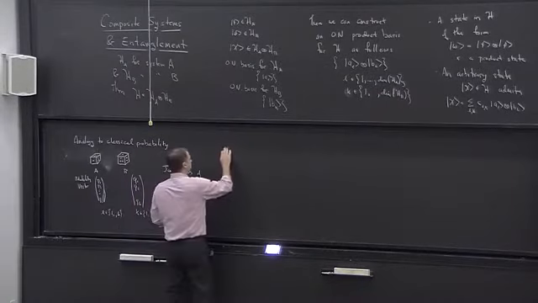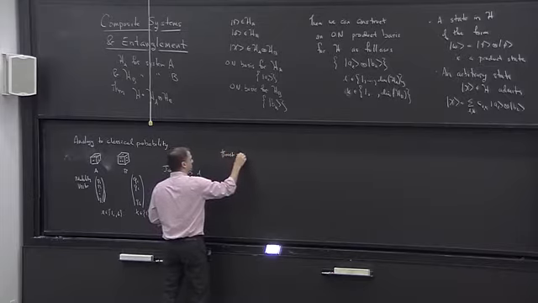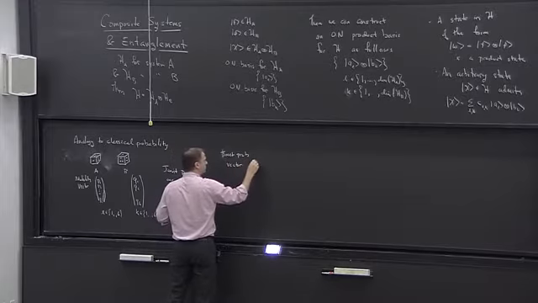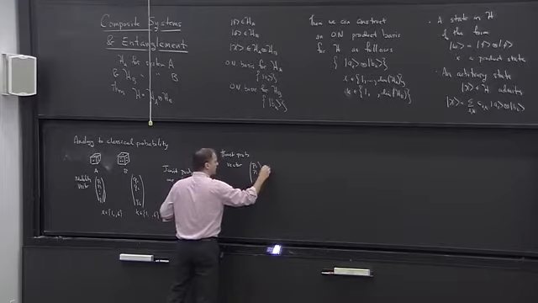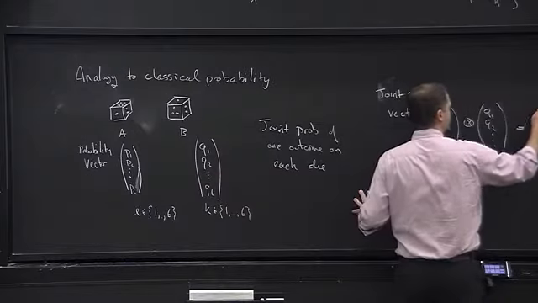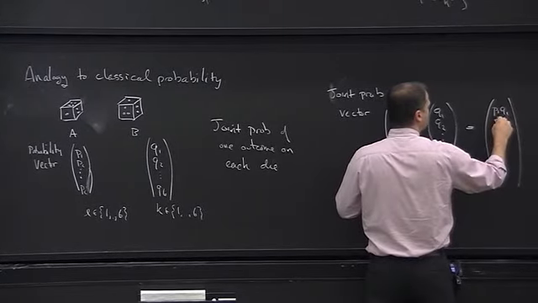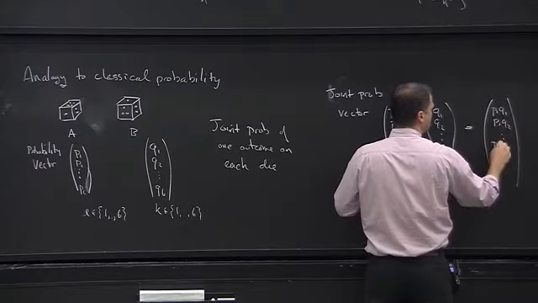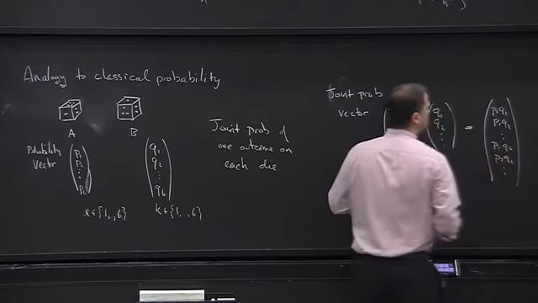So basically, the joint probability vector is equal to P1, P2 times Q1, Q2, which just gives me this same thing we have over here, just P1 Q1, P1 Q2, P1 Q6, P2 Q1, and so on.